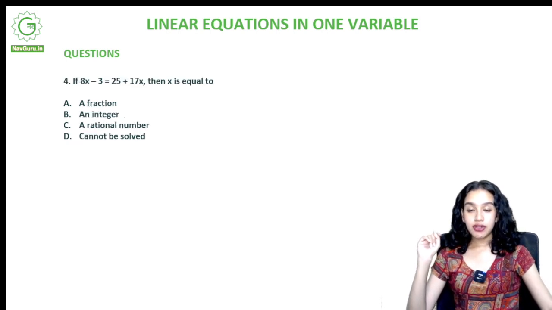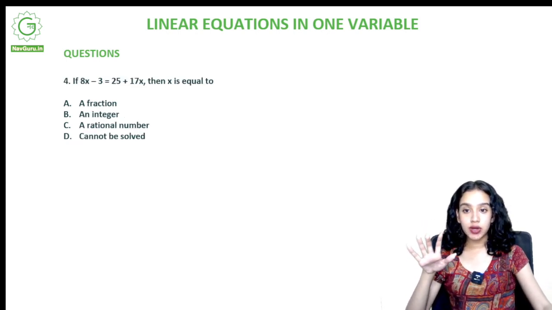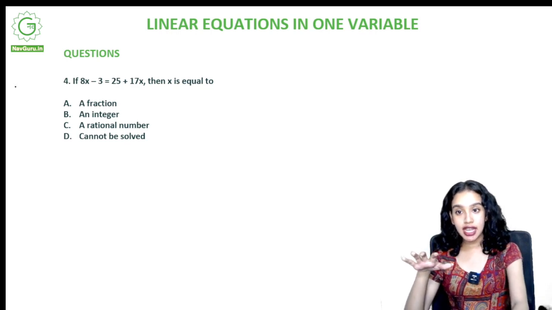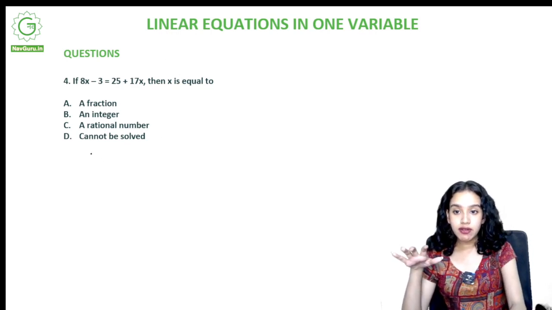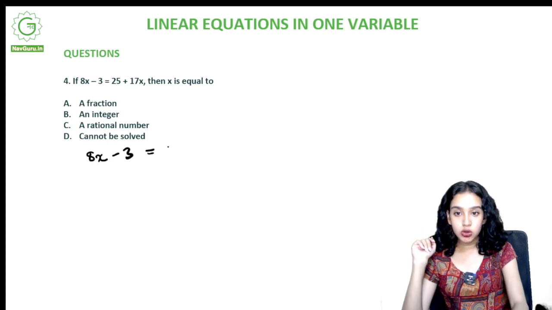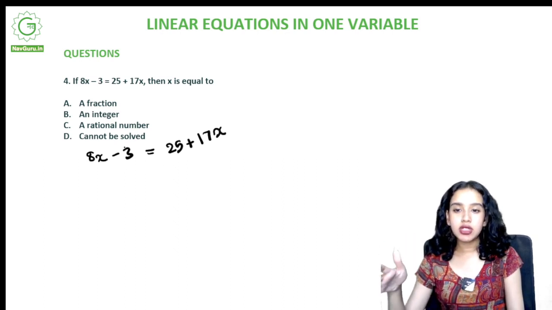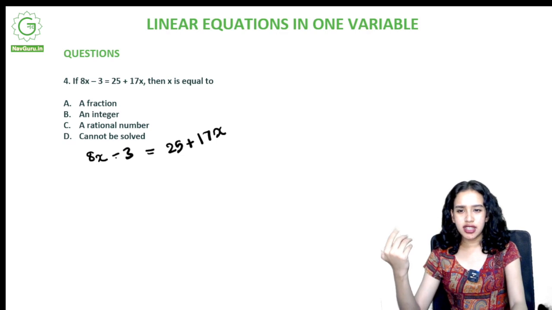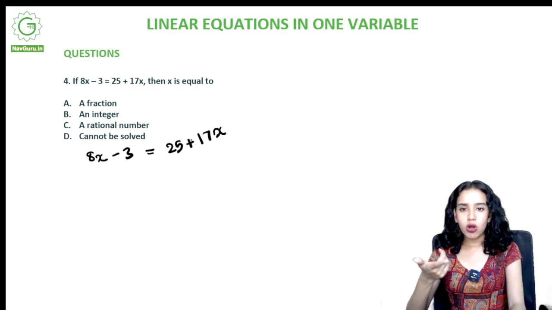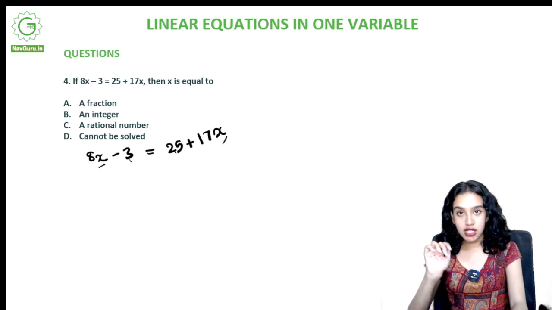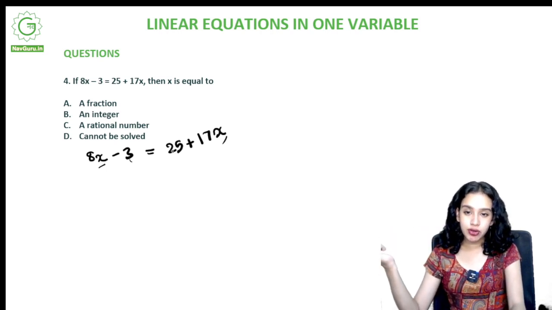Now, if 8x minus 3 is equal to 25 plus 17x, then x is equal to. So we have the question here saying 8x minus 3 is equal to 25 plus 17x. So what do we do here? We'll take all the terms with x on one side and we'll take all the constant on the other side. But what is happening when we are doing that?